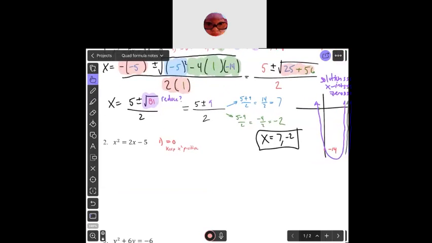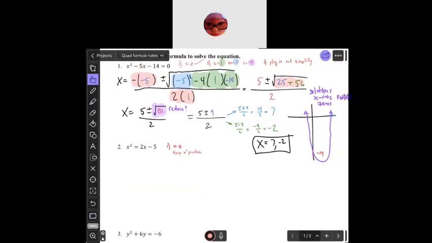So it may seem like less work to move the x squared over to the right, but you actually want to move everything else to the left, so that it'll stay positive. It's much easier to solve things when the square term is positive.